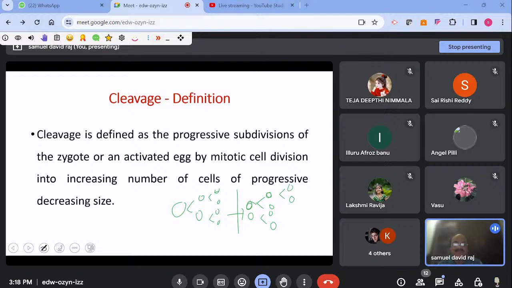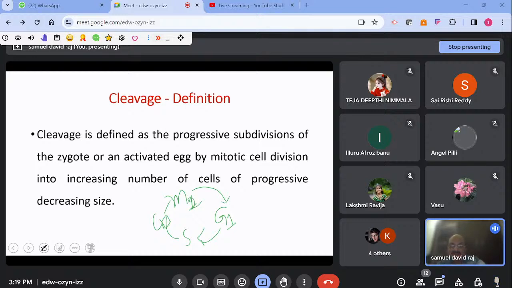How does this actually happen? We know that between two mitotic divisions, one division followed by another, there is G1, S, G2 followed by mitosis. So one mitosis is completed and this is followed by G1, S, G2 and the second mitosis starts. For this to happen, the cell has to complete its growth phase.